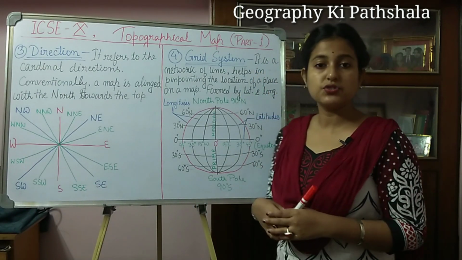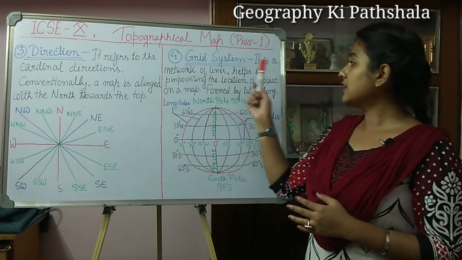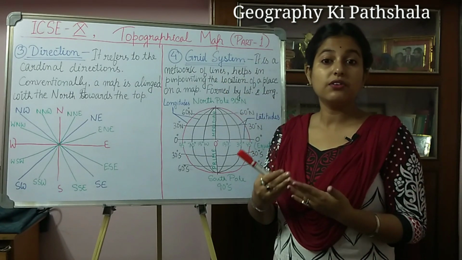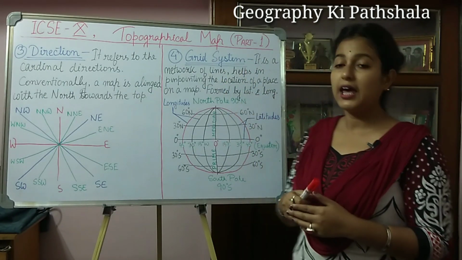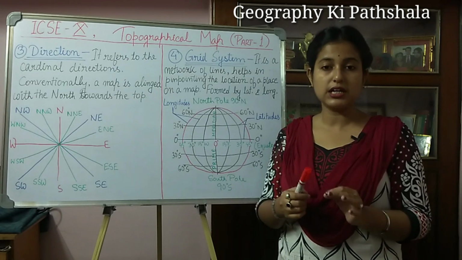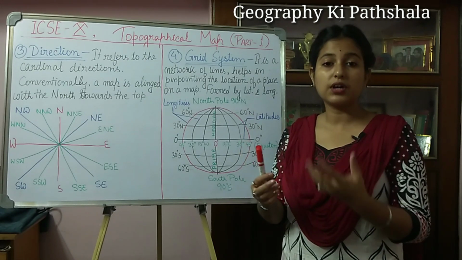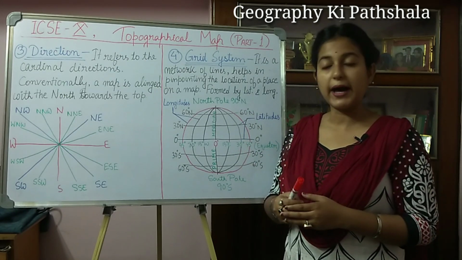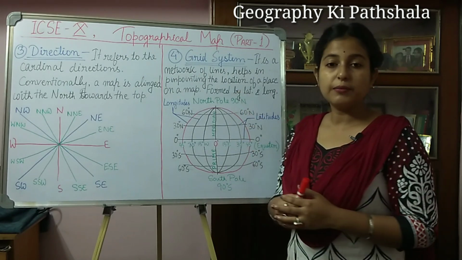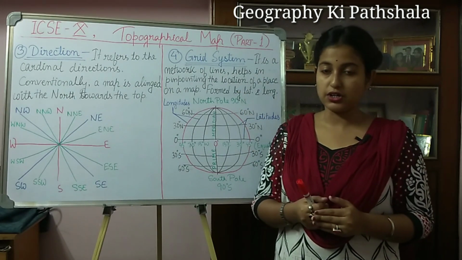Now if we come to the grid system, then it is a network of lines and it helps in pinpointing any place location according to the map, and it is formed by latitudes and longitudes.